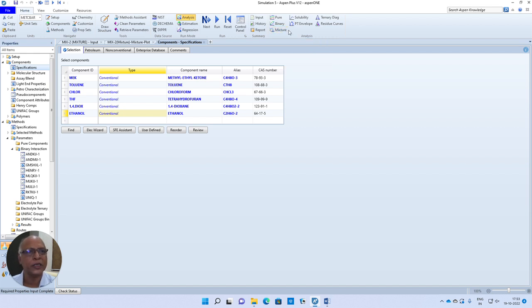But when you come to the mixture, in order to calculate the properties of the mixture, you need to define the composition. Having defined the composition, you will be in a position to identify the temperature dependency of any property of a mixture, right? And you can also plot the pressure temperature envelope, which is going to give you a representation between bubble T and bubble P for the specified composition of the mixture.